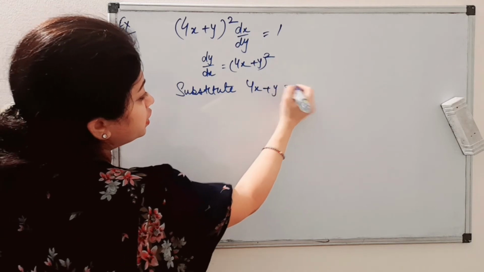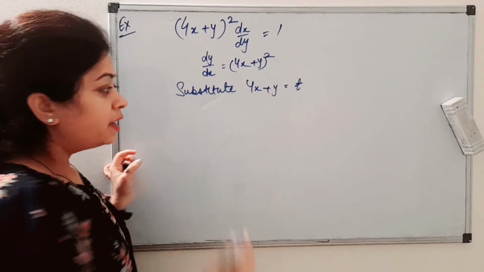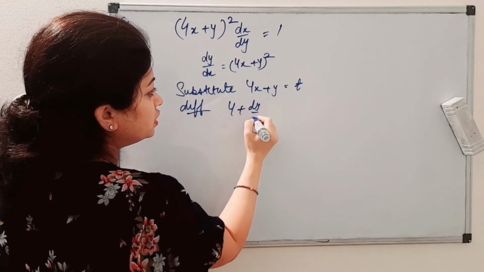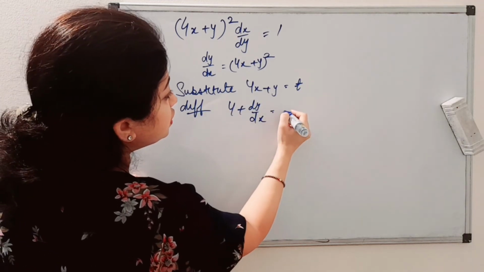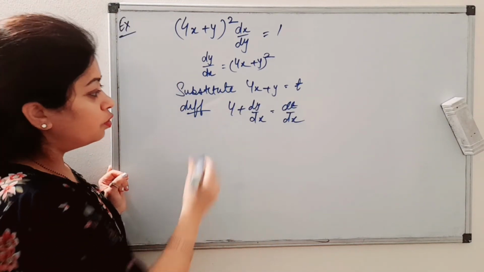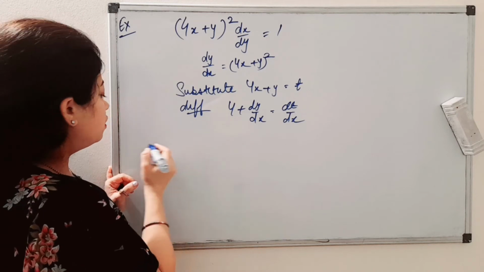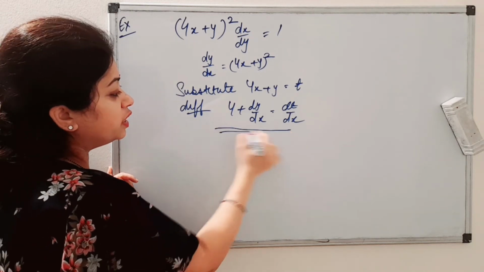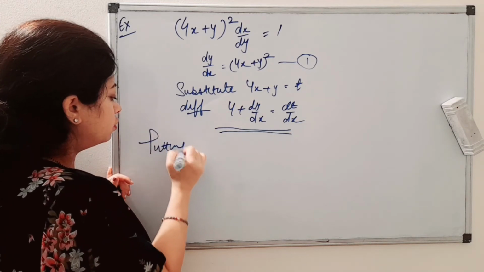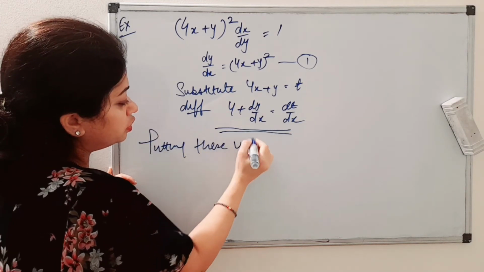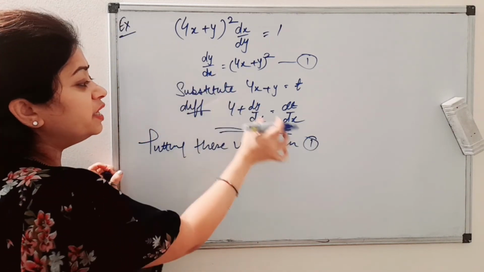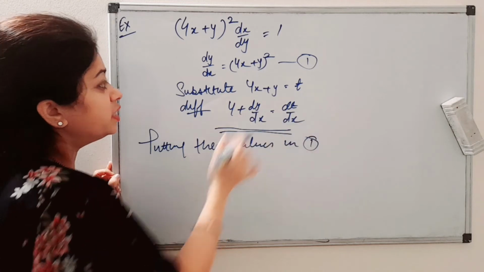Let 4x plus y be equal to t, and differentiating we get 4 plus dy by dx is equal to dt by dx. So now substituting these values in equation number 1, we get dy by dx is dt by dx minus 4.